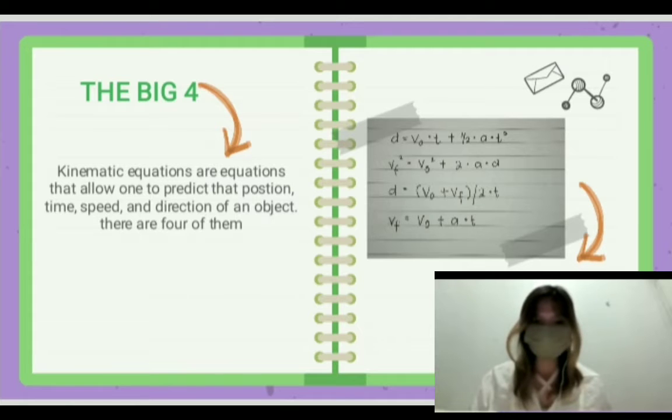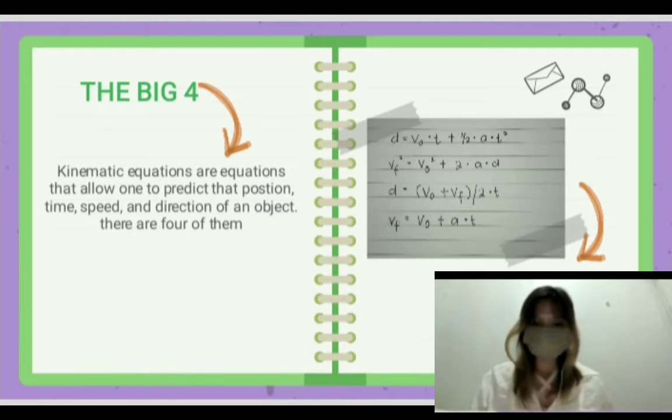So, the d stands for the displacement of the object, the overall change in position. The acceleration is represented by the symbol a, and the time is represented by the symbol t. In these equations, you'll notice there are a few v's.